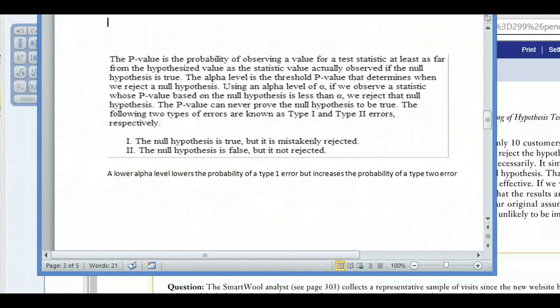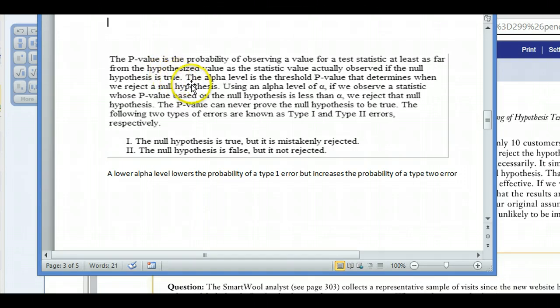Let's just look at this statement here. Now, the p-value is the probability of observing a value from a test statistic at least as far from the hypothesized value as the statistic value actually observed if the null hypothesis is true. So what they're saying essentially is, let's assume that the null hypothesis is true. The p-value that you are getting is telling you the probability of the values you have being correct.